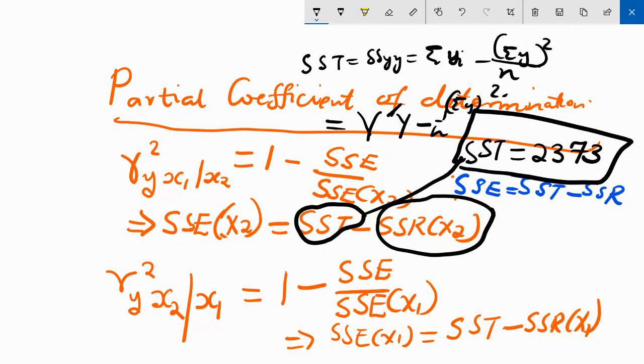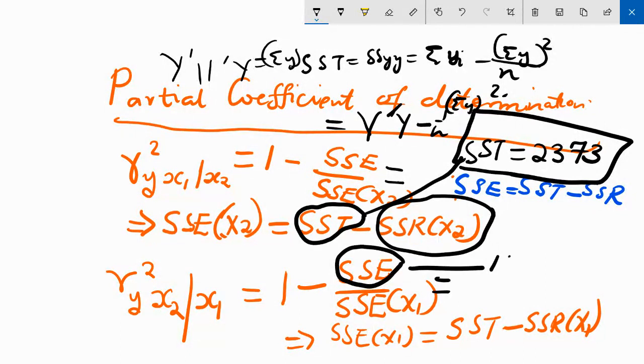Or you can use the matrix notation, but that one is a long way where you say Y prime 1, 1 prime Y. This is the same as summation of Y squared. So you have this information, guys. So what is important now is how you interpret it. The SSE from the numerator is the SSE from the overall model, and someone told me that is 111 point something in the morning.